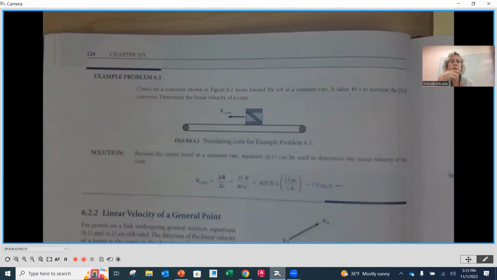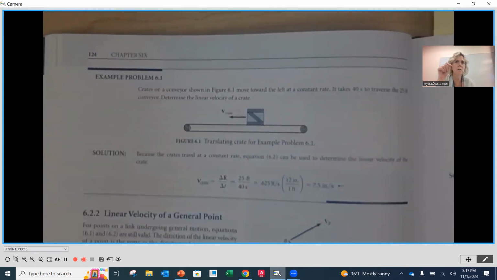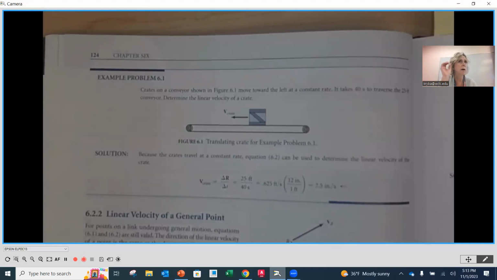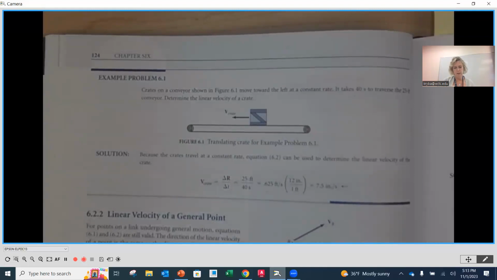What they want us to do is put it in terms of velocity. So they want us to take that distance and divide it by how much time it took to cover that distance so that we can get it into units like feet per second in this case.